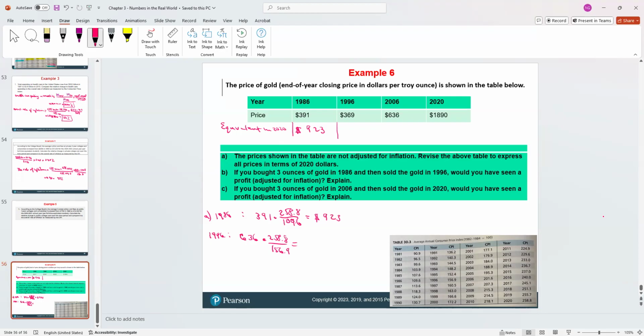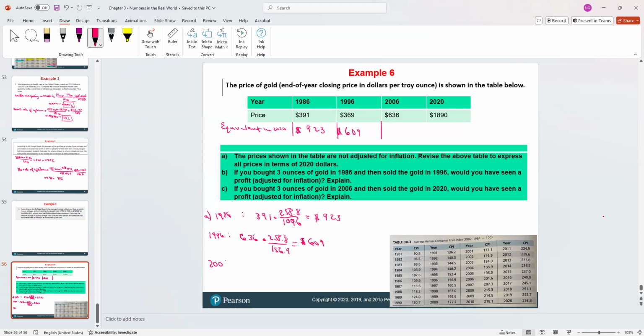When you do this computation in your calculator, we find 609. That will be for 1996.